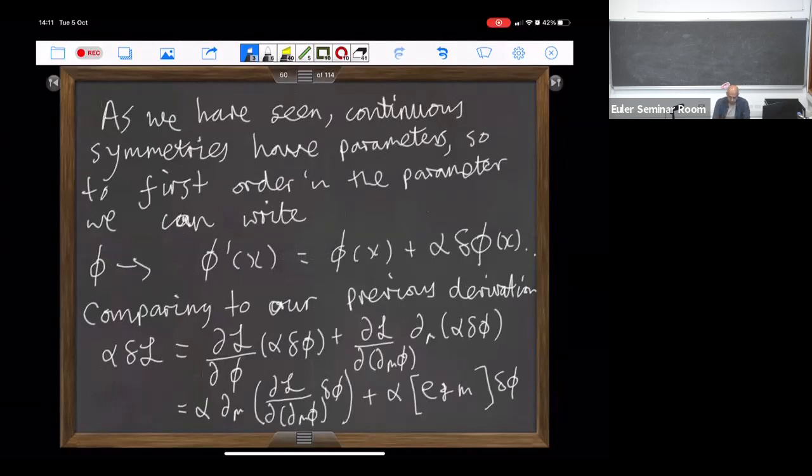So let's look at that in slightly more detail. Imagine now we make an operation which changes the fields from phi to phi prime, and let's assume that this is just a shift of phi by some parameter times a field variation.